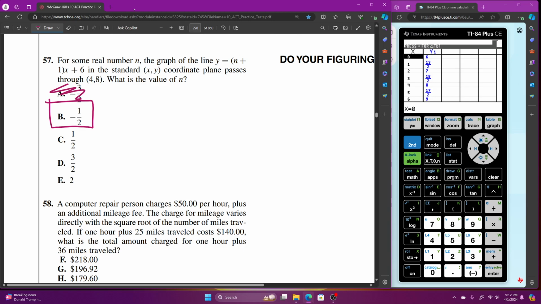If you wanted to go the algebra way, you would take your y equals n plus 1 x plus 6, and you would plug in 4 for the x, and you would plug in 8 for the y. Distribute the 4.